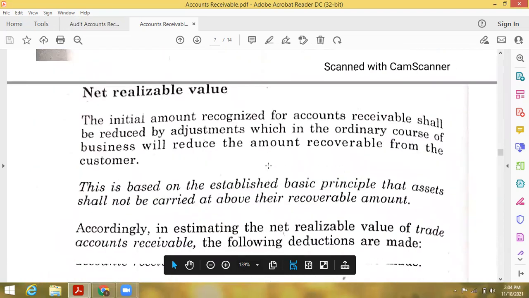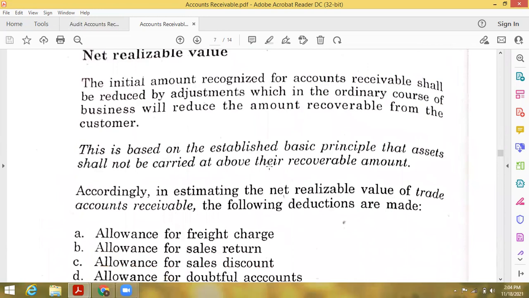So, kasi ganun nga yung gagawin natin. I-check pa natin. So, ito bang customer na ito, makakapagbayad pa kaya? So, if nakita natin na bankrupt na siya at hindi na makapagbayad, so tanggalin na natin yung accounts receivable natin sa kanya. Pero hindi yung ganun kasi i-check mo muna.